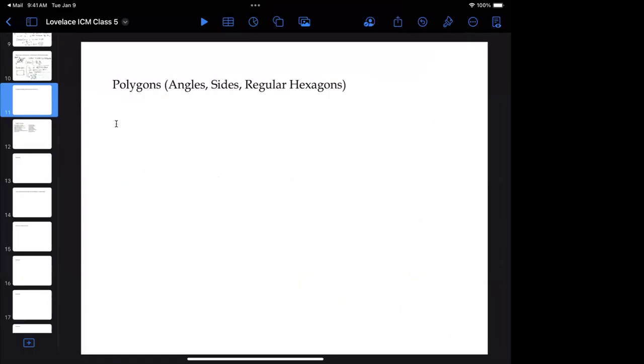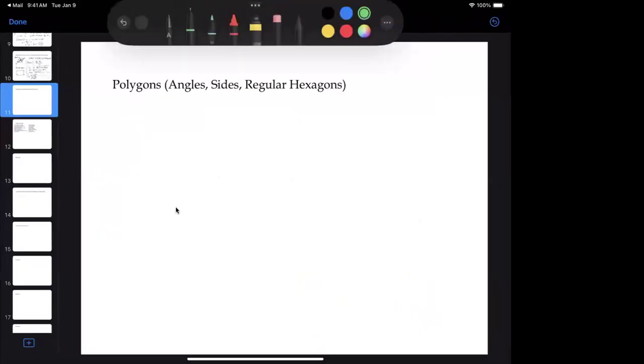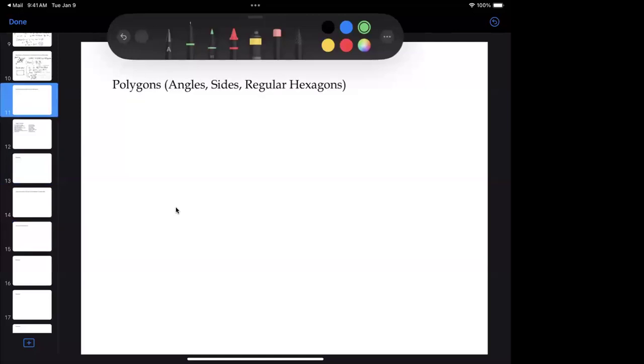Okay, let's go on to polygons. I don't think I have too much to say about polygons.